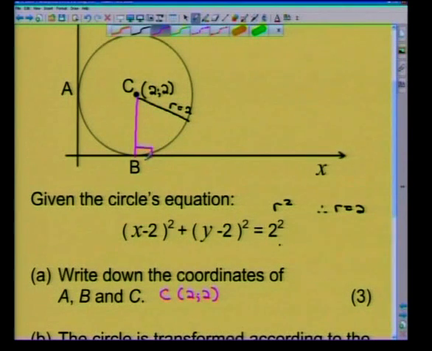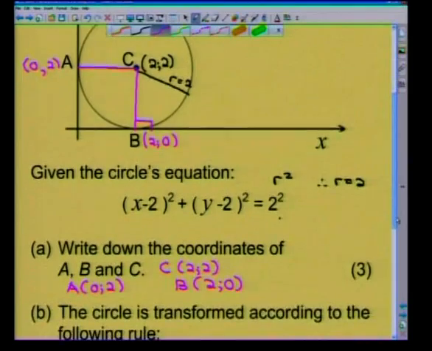So we know that this value here would have to have the same x value. And of course, because it's on the axis, I know that that would have to be 0. Likewise, if I put this one in, this one will have the same y value. And obviously, because it's on the axis, that's 0. So A and B are not going to be problematic. A is the coordinate 0, 2, and B is the coordinate 2, 0.